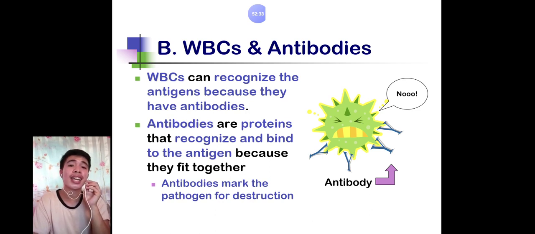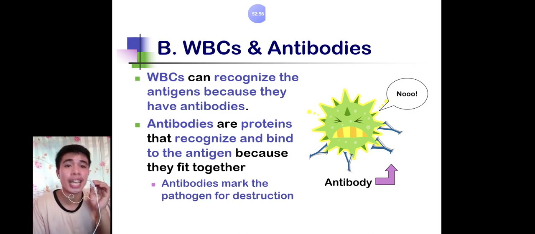The antigens are the bacteria, viruses, and pathogens that enter our body, while the antibodies are produced by our body or immune system to fight those antigens. So that is the difference between antigens and antibodies.